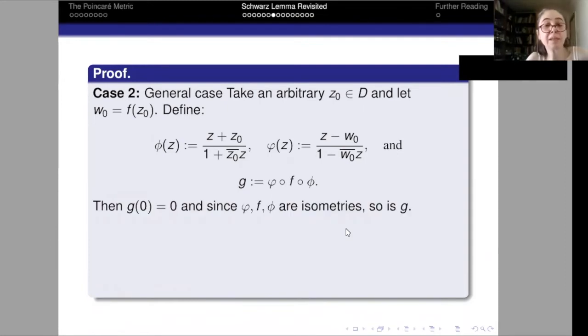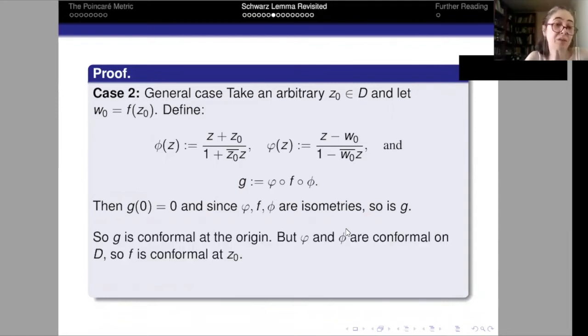Then if you look at this new function, the value of g(0) is equal to 0, and these are all isometries, so g is also an isometry.